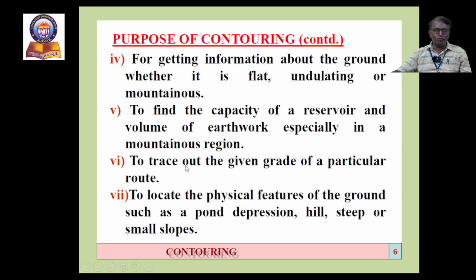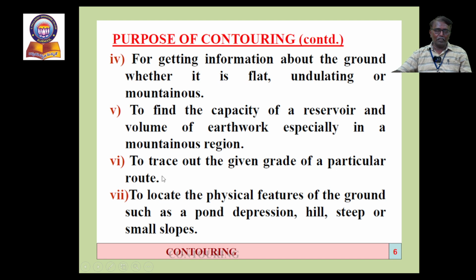Next, to trace out the given grade of a particular route. Grade means a slope. So by using the contour map, we can draw the road lines and railway lines with a particular grade slope, because heavy slope cannot be provided. A nominal slope should be there, so that vehicles can easily move over the grade.